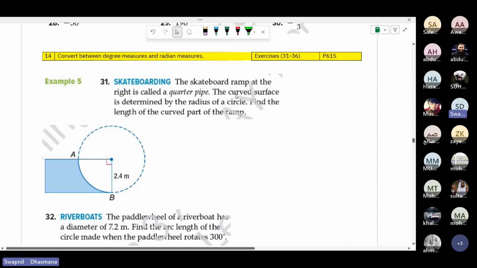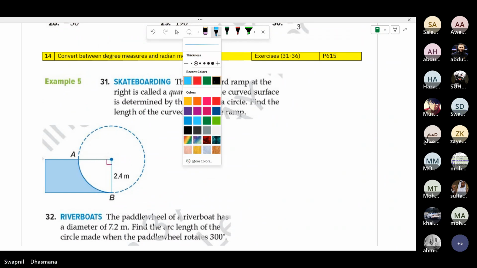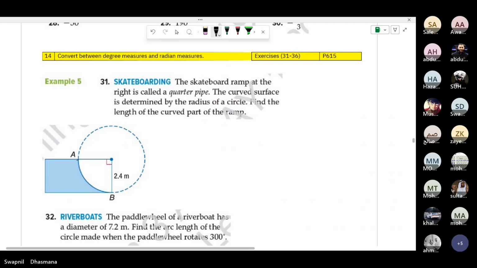Okay. They want you to find this. This is called length of arc.